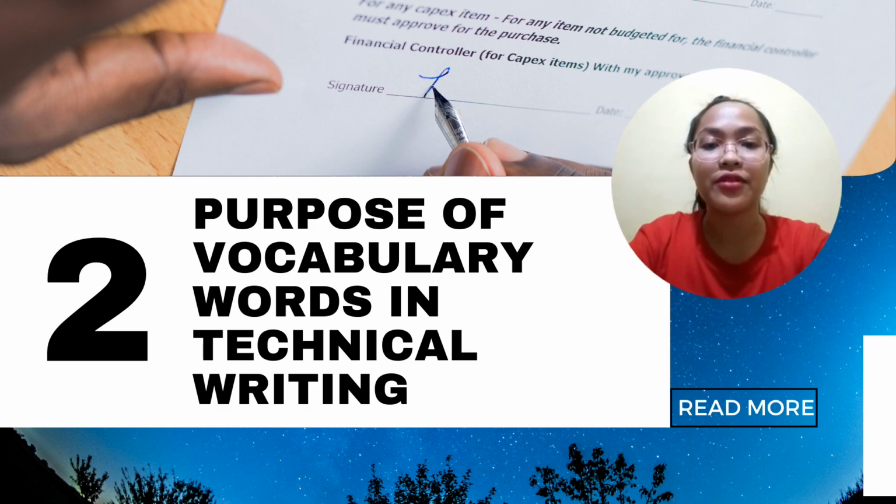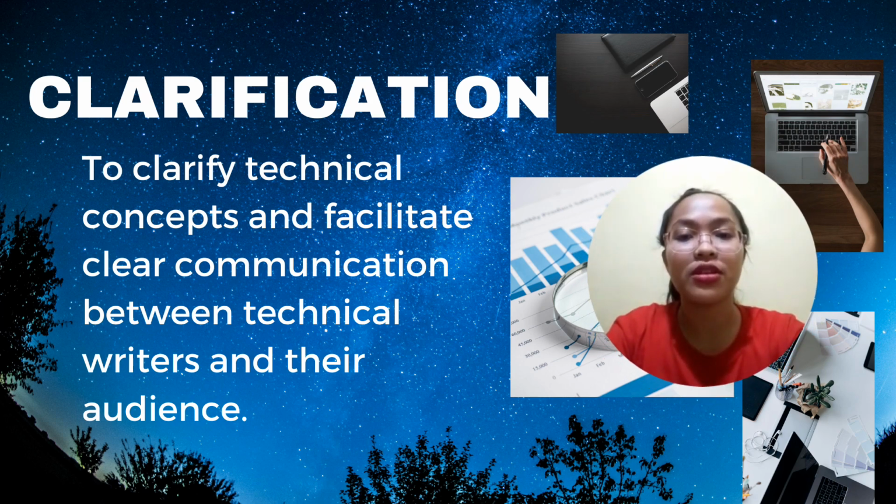And then we have its purpose, or the purpose of vocabulary words in technical writing. First, clarification: to clarify technical concepts and facilitate clear communication between technical writers and their audience.